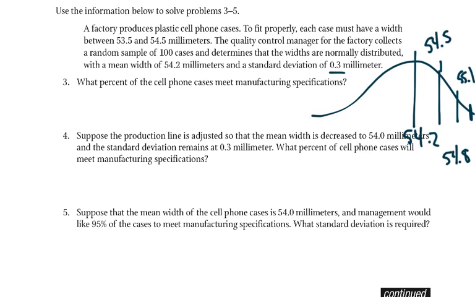If we go to the left, down 0.3, it would be 53.9, then 53.6, and then 3 standard deviations, 53.3. So we have 53.5, so that would be slightly below here, wouldn't it?